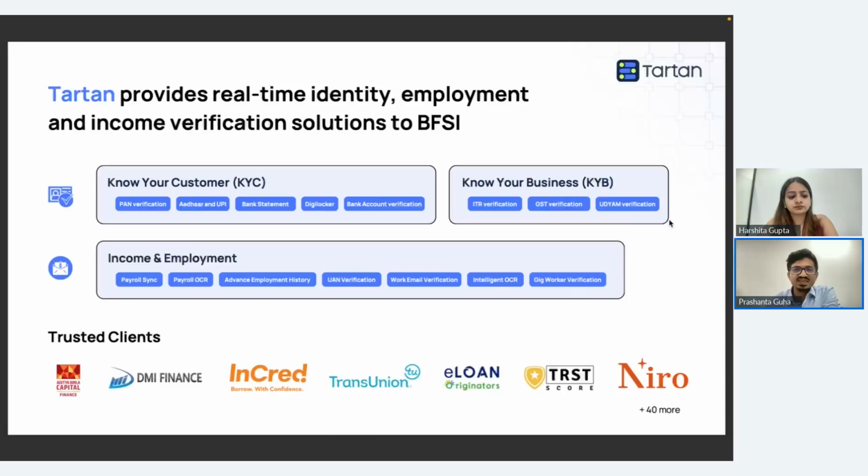So this again accomplishes two things. They don't have to fill a lot of different details. At the same time, we also verify that these are the actual details, so you don't have to manually verify them. So any questions at this stage?